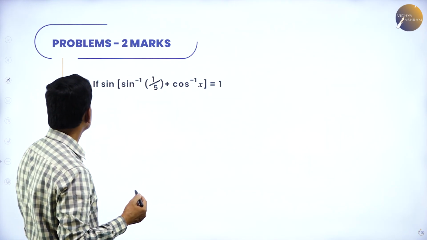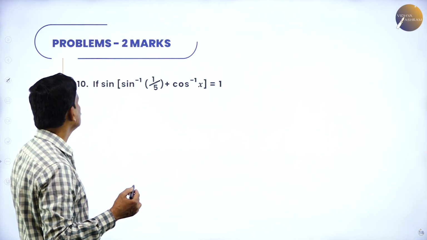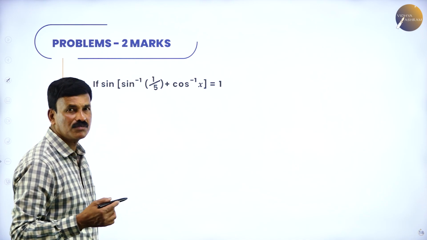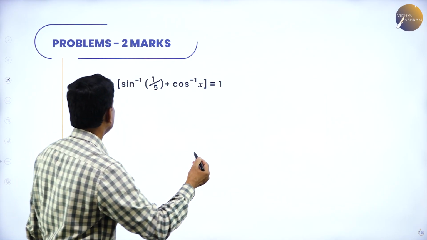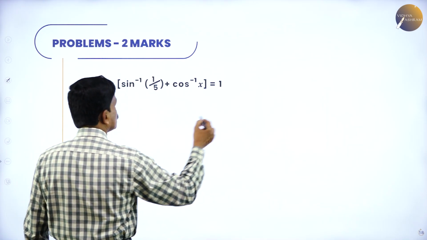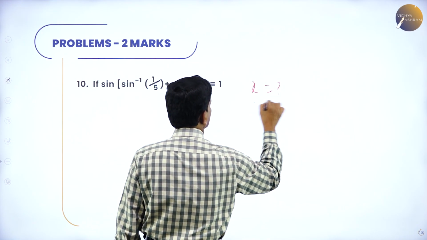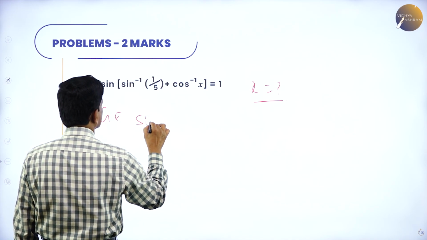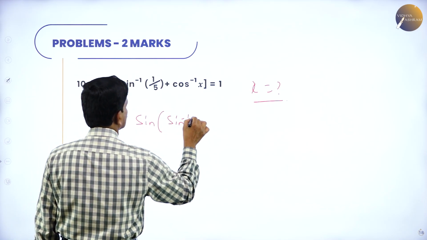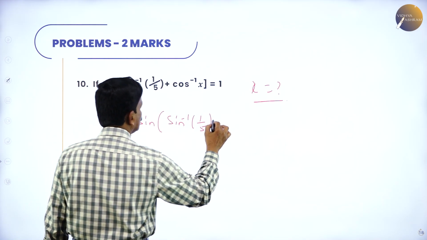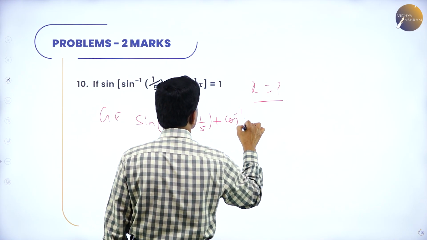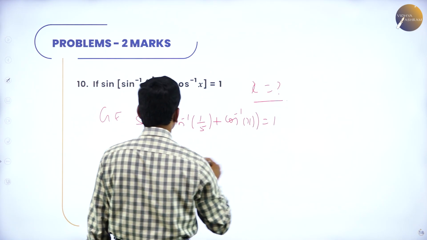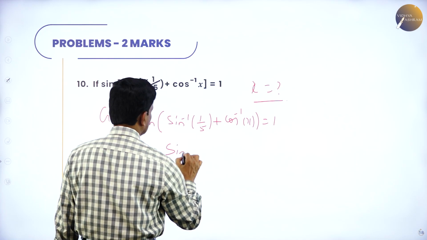Now move on to the last problem. If sin inverse 1 by 5 plus cos inverse of x is equal to 1, find x. So here x is to be determined. What is given? The given equation is sin inverse 1 by 5 plus cos inverse of x is equal to 1. Transfer this sin to the right hand side.